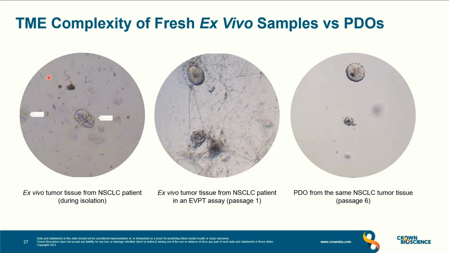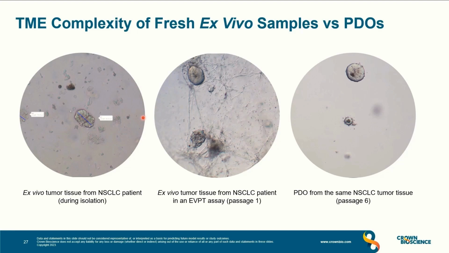It contains tumor clusters of, as I mentioned before, 100 to 150 micrometers in size and a lot of released supporting cells. When the sample was seeded in a hydrogel in our EVPT assay, we can see a rich representation of the TME: tumor clusters, elongated cells similar to cancer-associated fibroblasts, and multiple single immune cells.